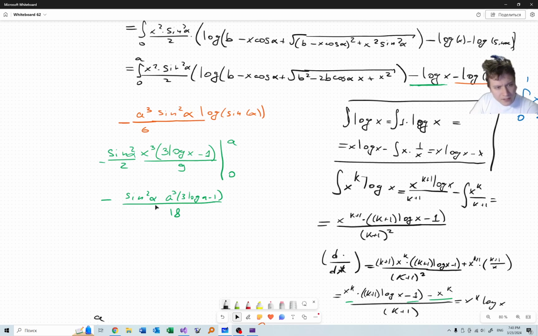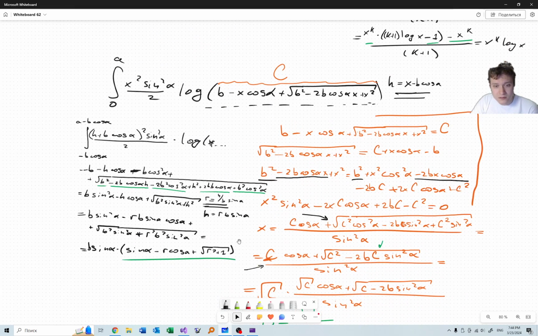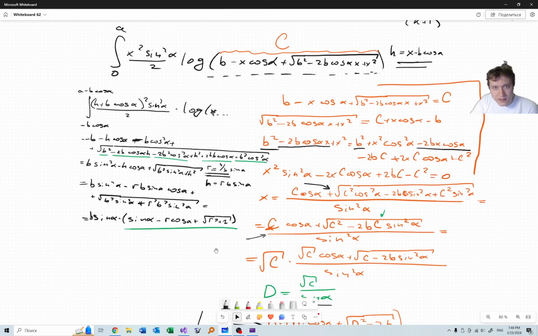Minus sine squared alpha a cubed over 18. Over 6 times logarithm of alpha. So I expect something to be added. I expect a cubed sine squared alpha logarithm of some distance over 6 to be added. In that case, it is fine.